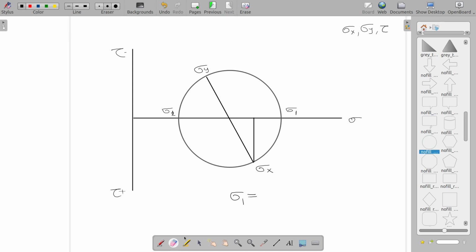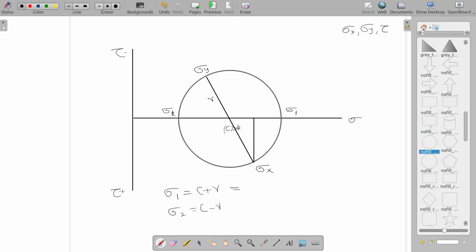So let's just say sigma 1 is equal to, let's say this point is C, 0, where C is the x coordinate, and R is the radius of the circle. So C plus R will be sigma 1 and C minus R will be sigma 2.